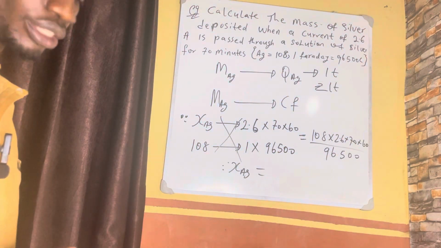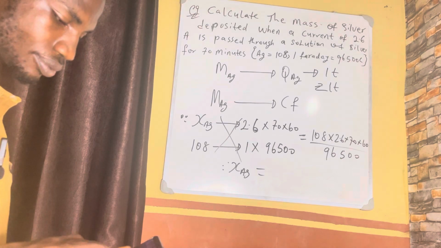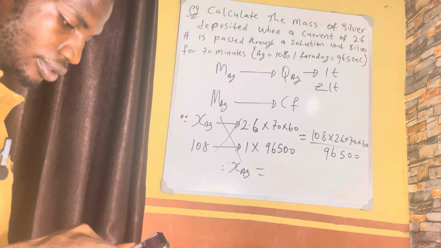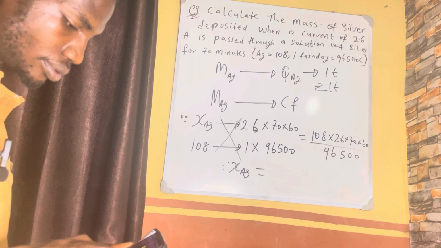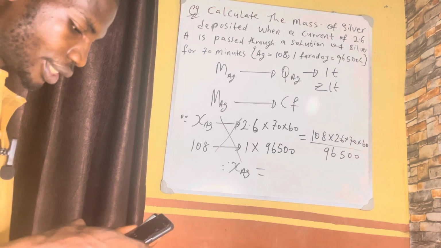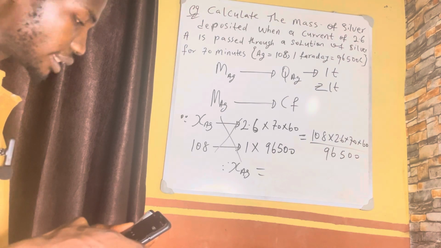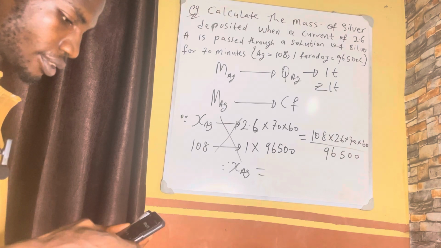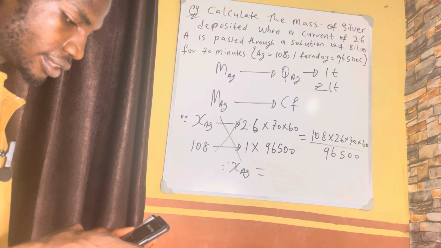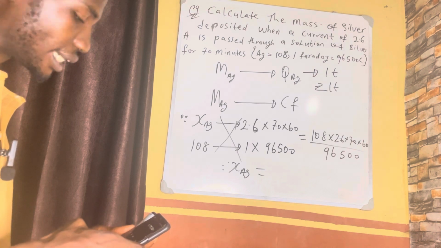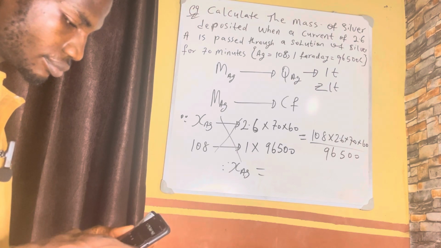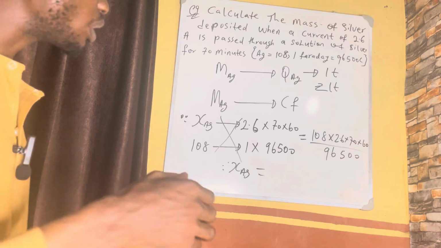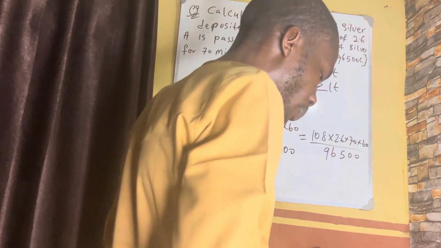So let's do the calculation with our calculator. 108 times 2.6 times 70 times 60, divided by 96,500. So it is 12.2.